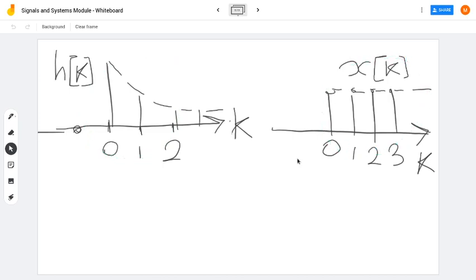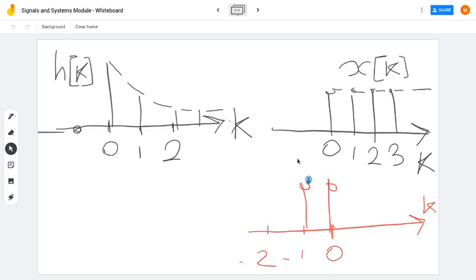So we start by mirroring x of k, and mirroring means simply reflecting the signal. So whatever happens at 1 will happen at -1, and so on. So this would be the signal we have. This is x of minus k. And then we will do a shift.